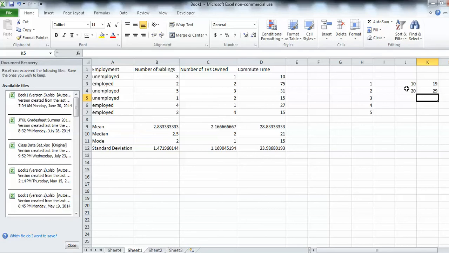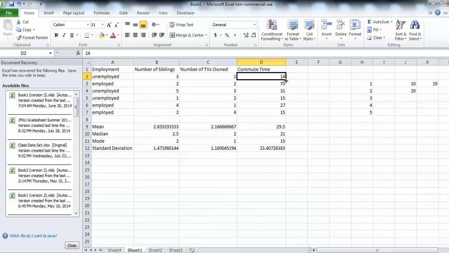But what would I do if my lowest number wasn't 10? What if my lowest number was 19? Or what if my lowest number was 14? What would I do? In that case, I would start with a multiple of 10 that's just below my lowest number.